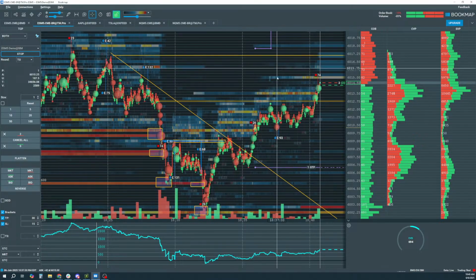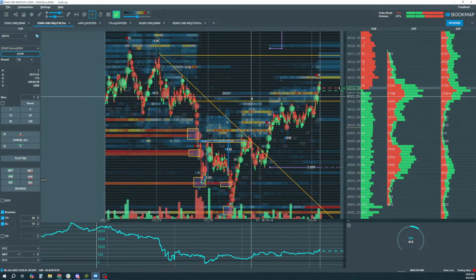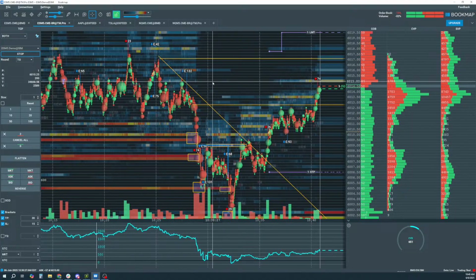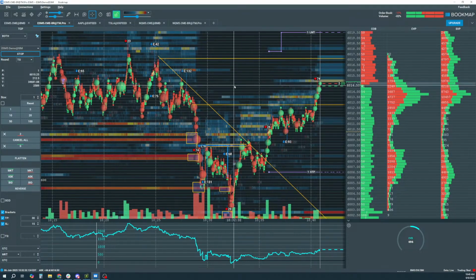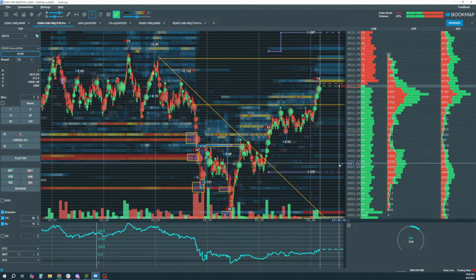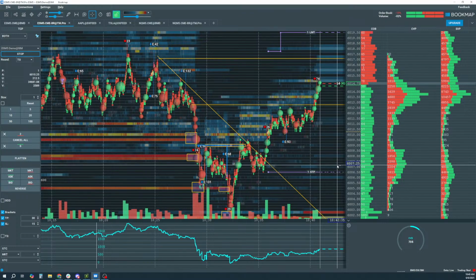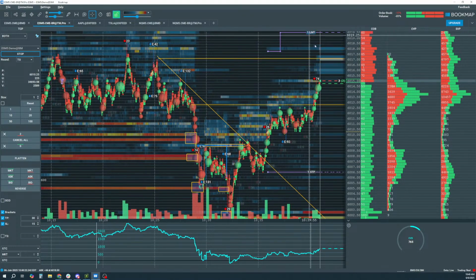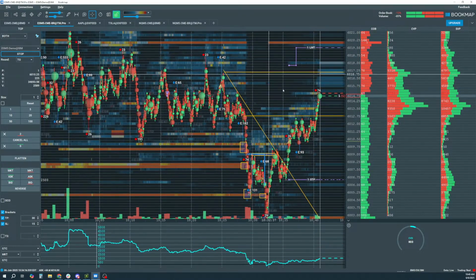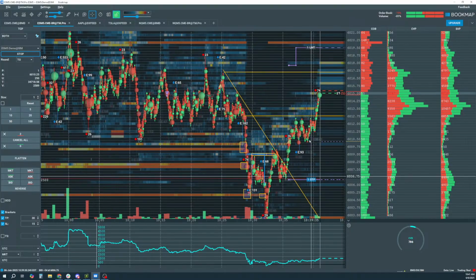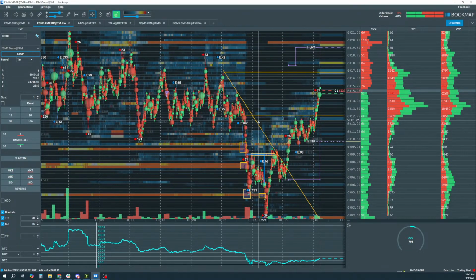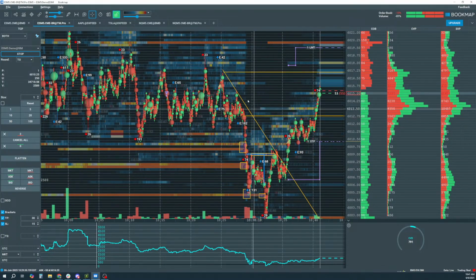Okay, so what is our expectation here? Maybe are we going to hold it for a bigger one? Are we going to take our profits at this liquidity level here? Well, why don't we do this? We'll just move our stop up and we'll see if we get a runner out of it. Okay.